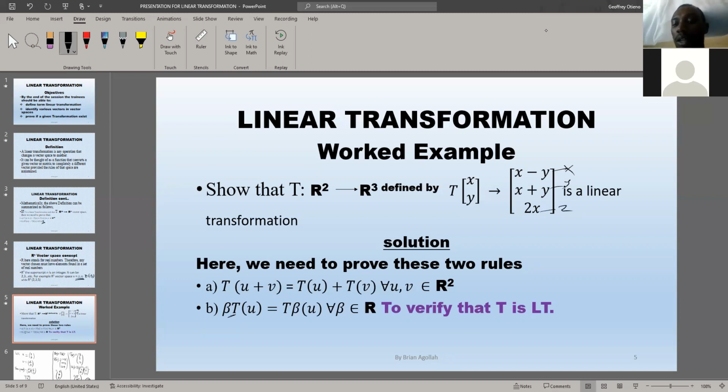So at the end, you'll have an R3 vector with three elements, x, y, and z, after transformation.